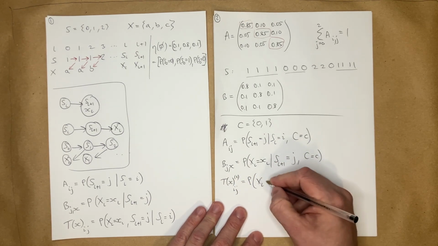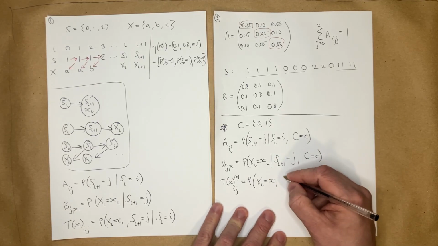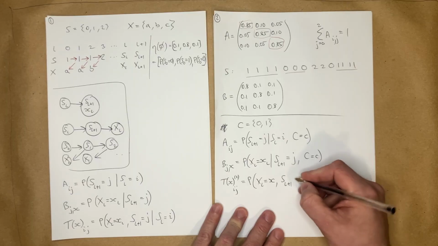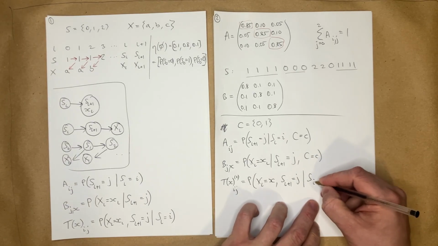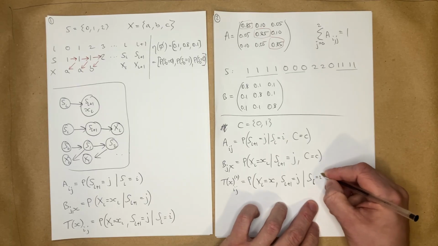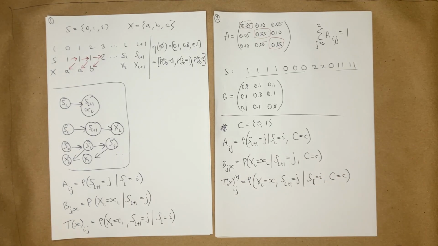So we're looking at the joint distribution over the token at step L plus the hidden state at the subsequent step, conditioned on the hidden state at the current step and on the component that we're talking about.